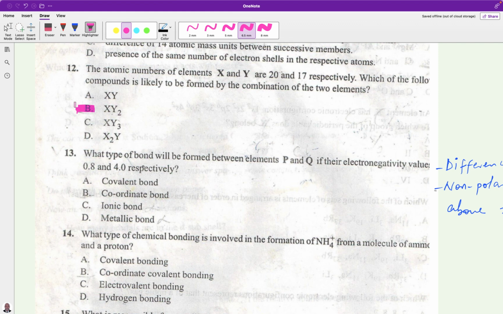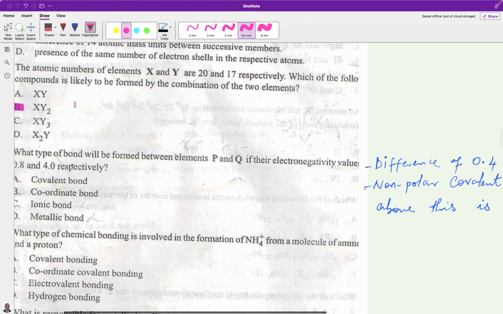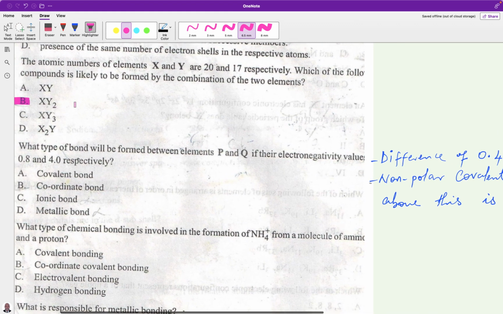Remember that the difference in electronegativity has a role to play, whether it is an ionic bond or a covalent bond.